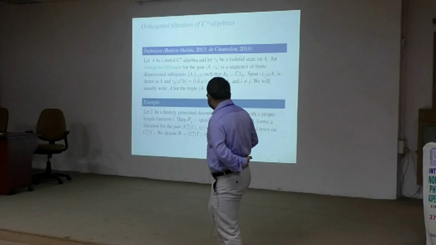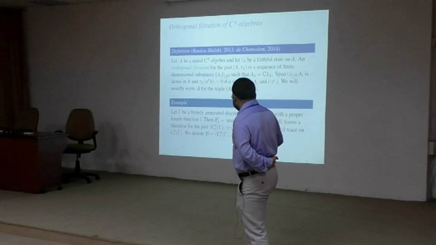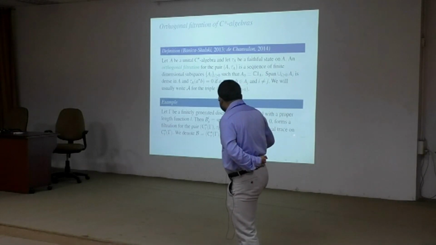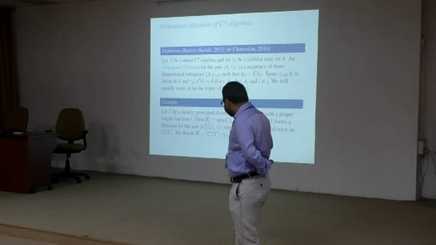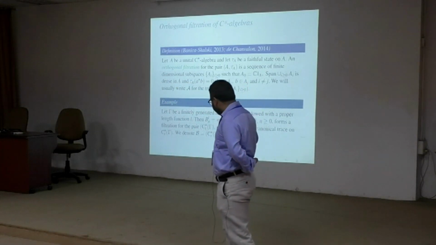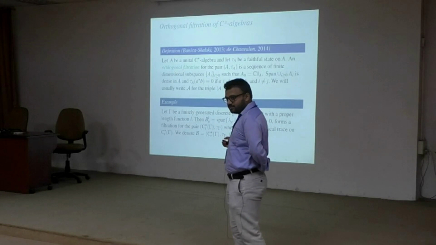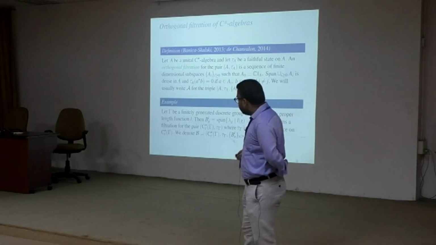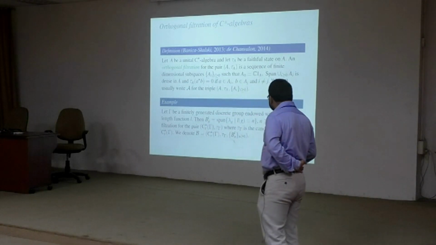Then we define these subspaces as the span of the regular representation where the length of g is n, and this forms a filtration with respect to the canonical trace on the reduced group C-star algebra, and we denote this as script B. So throughout our talk, whenever we encounter a C-star algebra with some discrete group, the corresponding filtration will be denoted as script B, and script A is fixed for a fixed filtration on a given data.